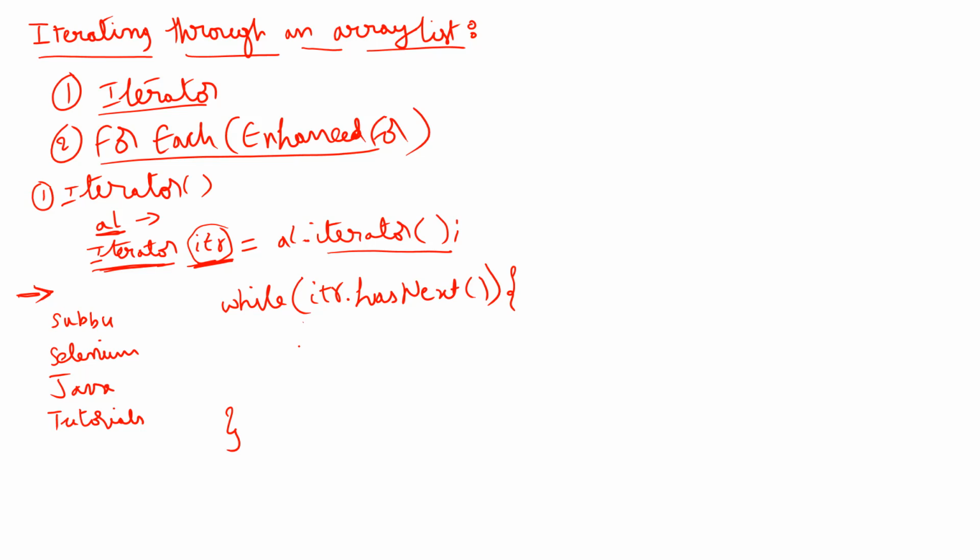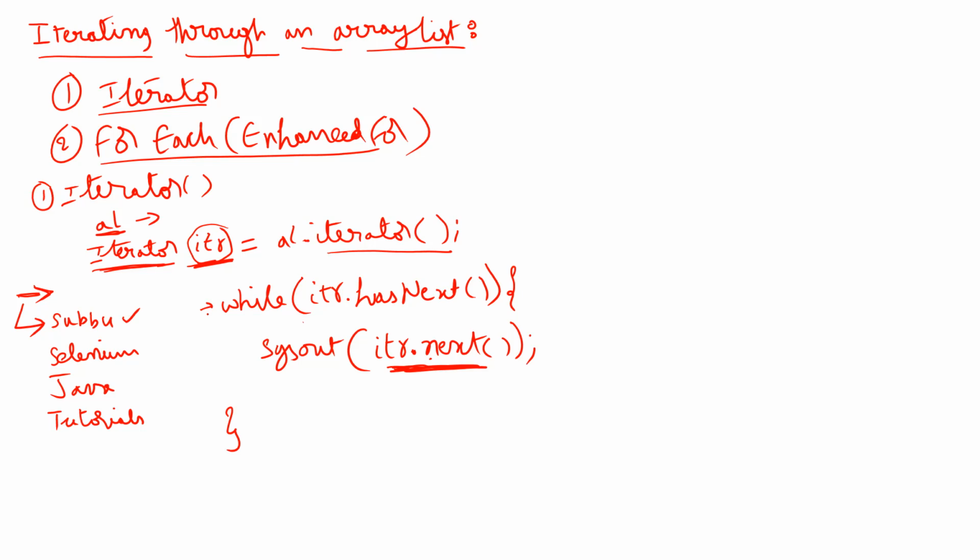Then it comes into this and we can say system.out.println itr.next. So this itr.next means it comes to the next element. Now it comes to the next element and it prints Subbu.